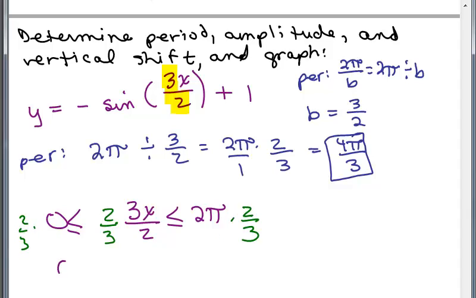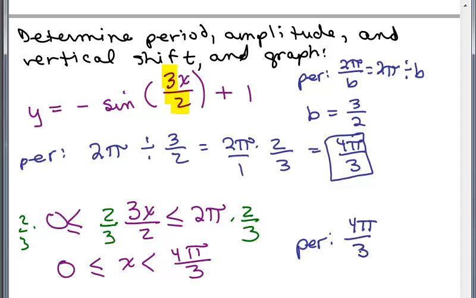And that says x is between 0 and 4 pi over 3. So again, if it goes between 0 and 4 pi over 3, I'm going to have my period of 4 pi over 3. So no matter how we look at it, our period is 4 pi over 3.